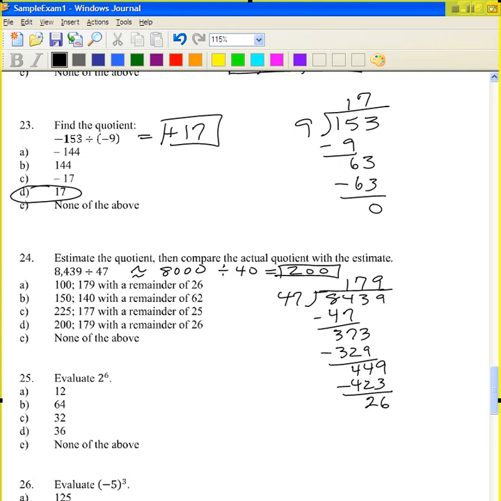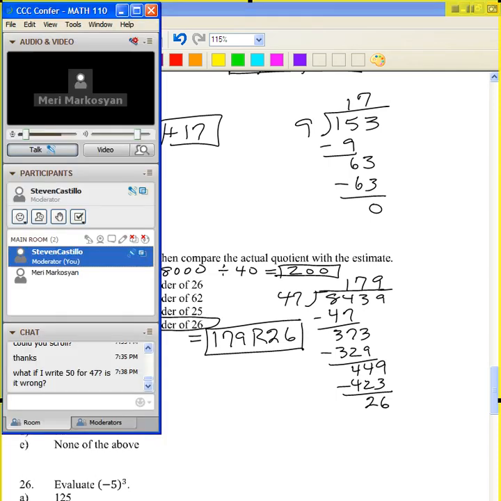And so the actual result is 179 with a remainder of 26. So let's see, 200 and 179 with a remainder of 26. So D.